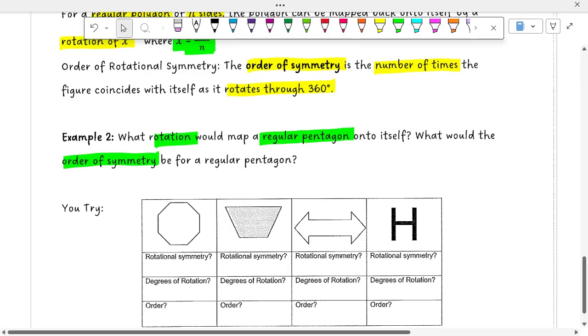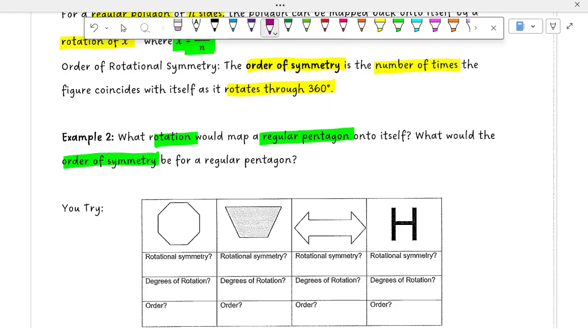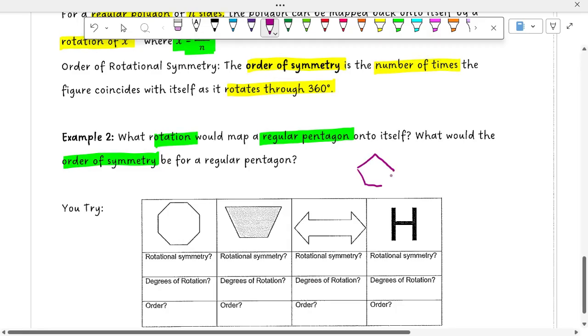So for a pentagon, what do you think? What would be the angle of rotation for a pentagon? First off, how many sides does a pentagon have? 5. So a pentagon looks like this. It's not going to be a perfect pentagon, but it's a regular pentagon.